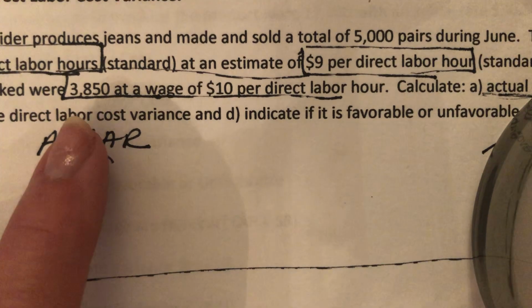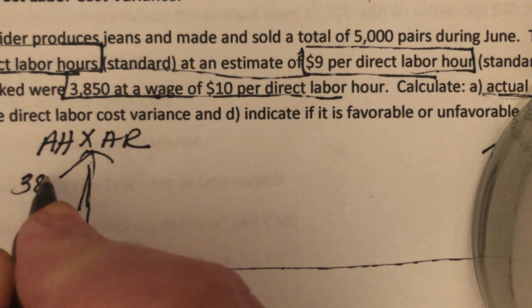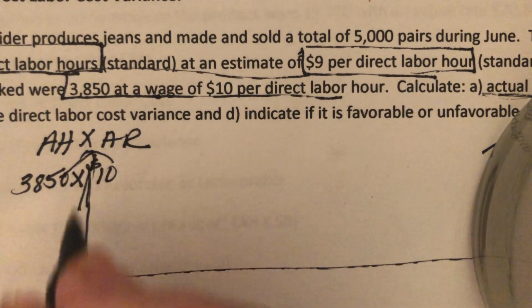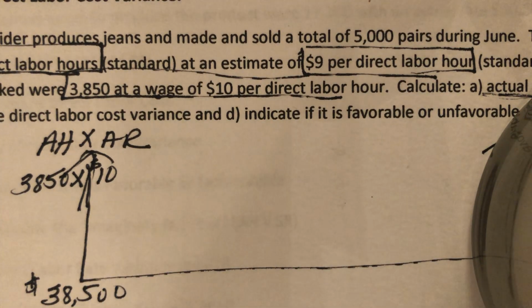The actual hours worked, 3,850 times $10 an hour, for a total of $38,500, is what we actually paid our workers to make the jeans.